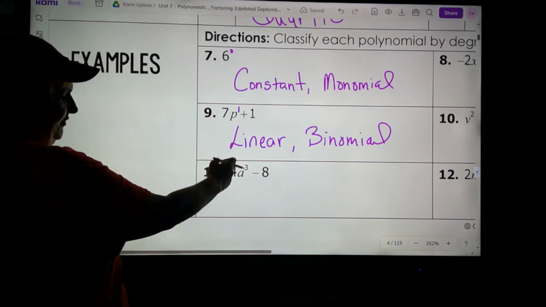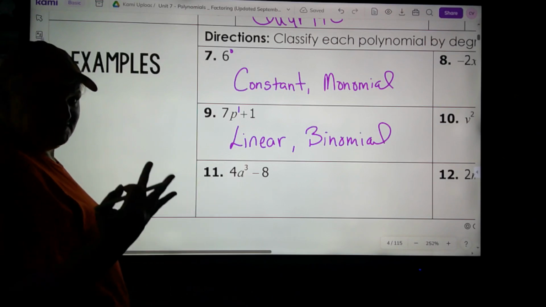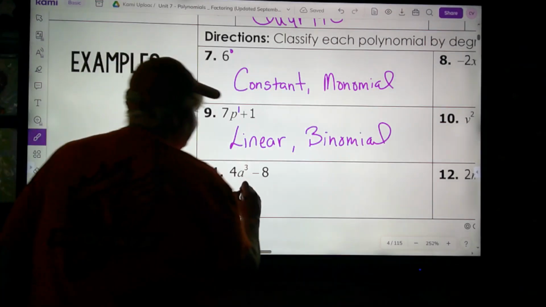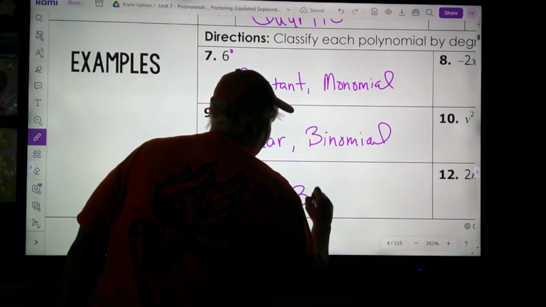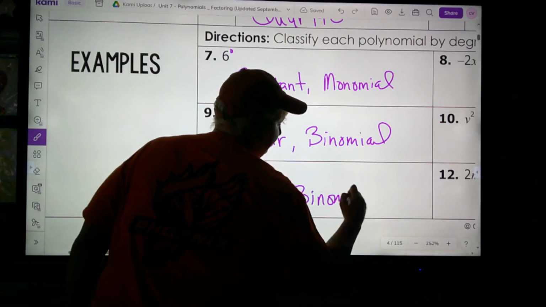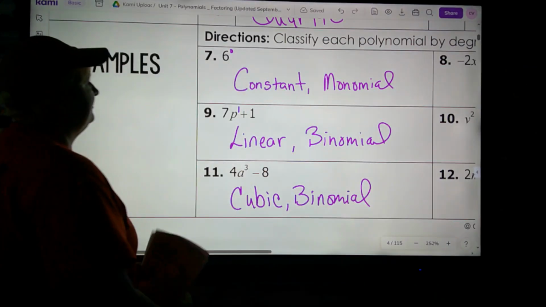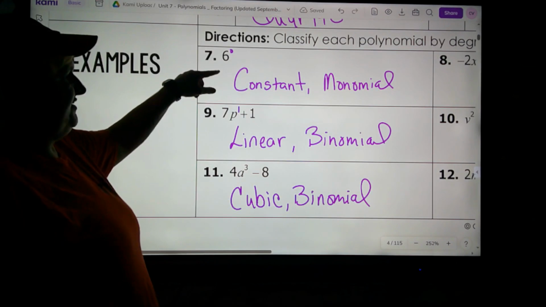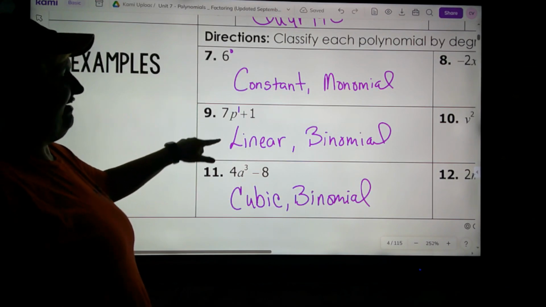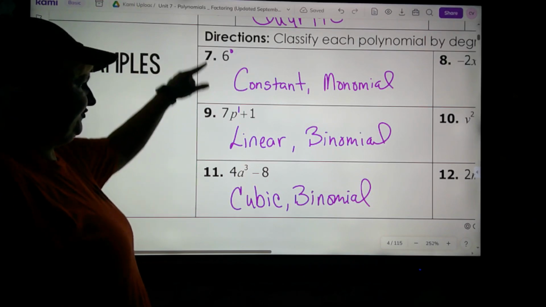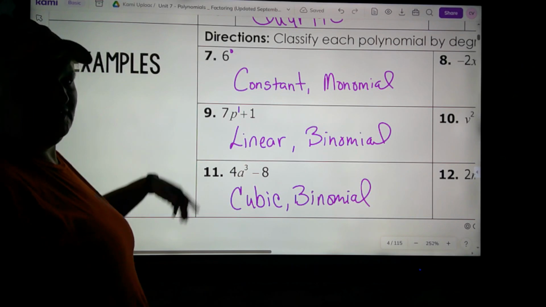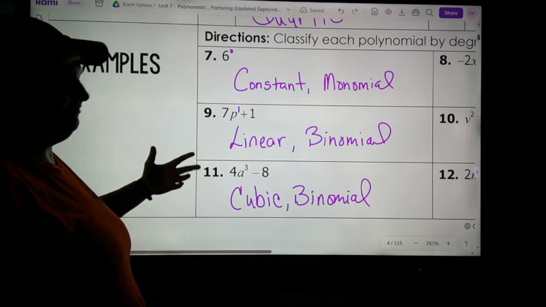The highest exponent is a 3. 3 is like cubed, cubic. So cubic binomial. And the reason you need to know the degree here is because this graph and this graph and this graph are all going to look very, very different. So if you know what it's supposed to look like, it'll help you make sure you're doing it right.